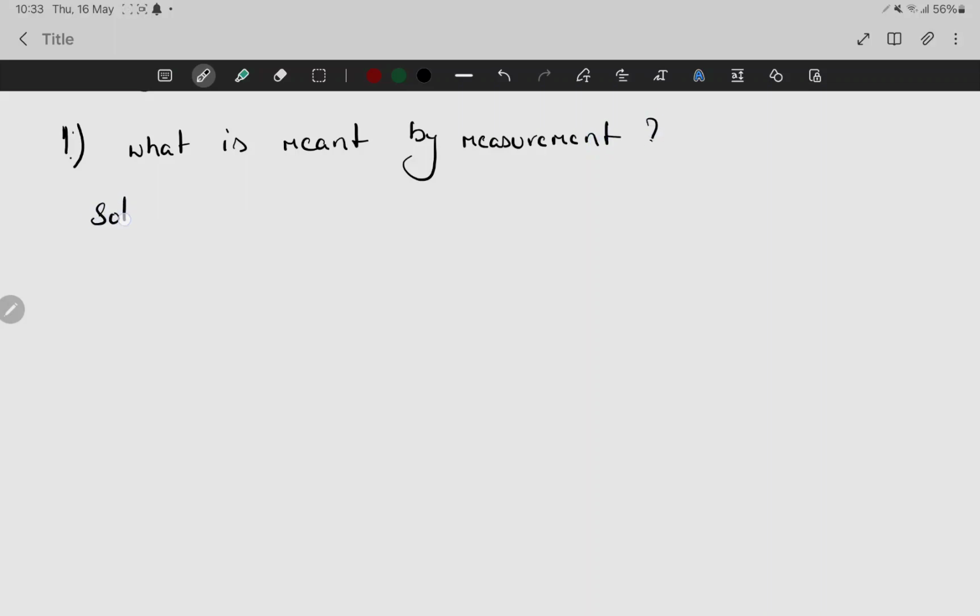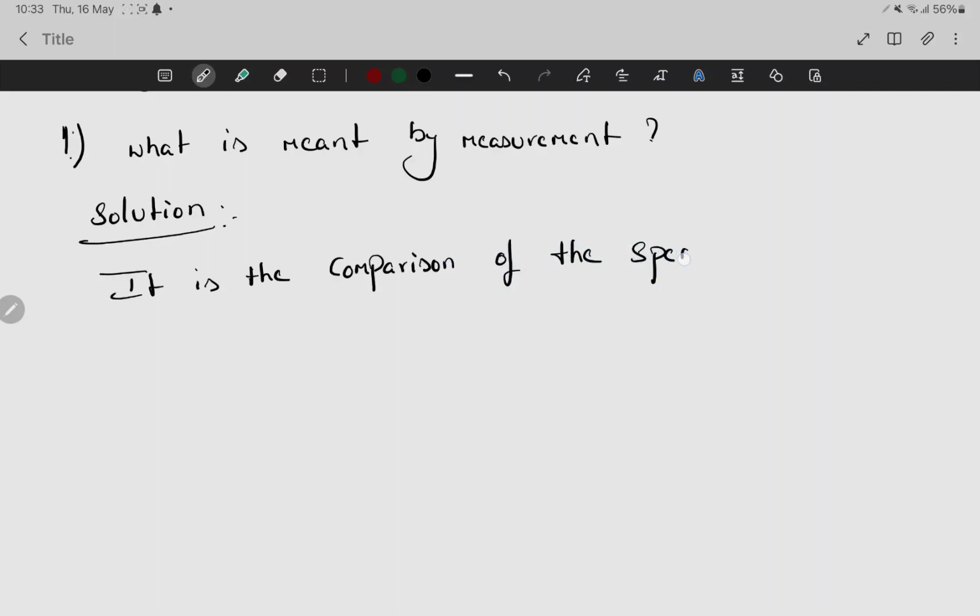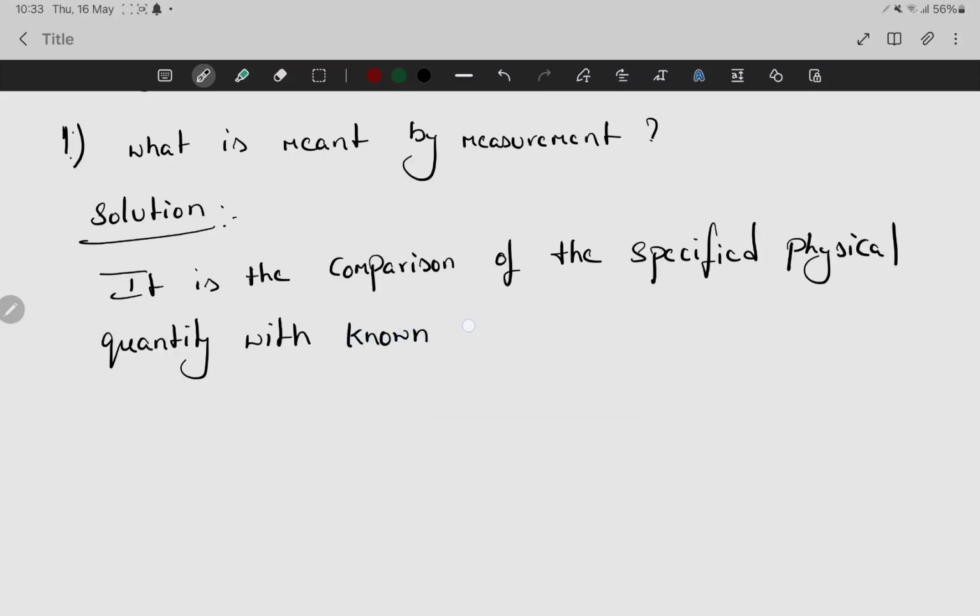So the solution is, it is the comparison of the specified physical quantity with the known standard quantity of the equivalent nature.